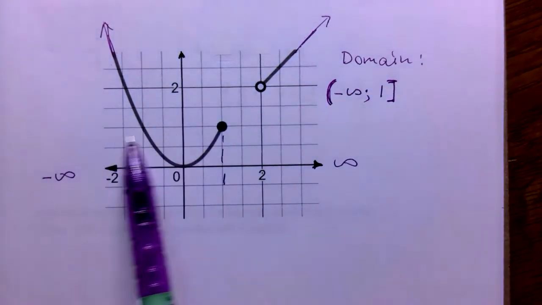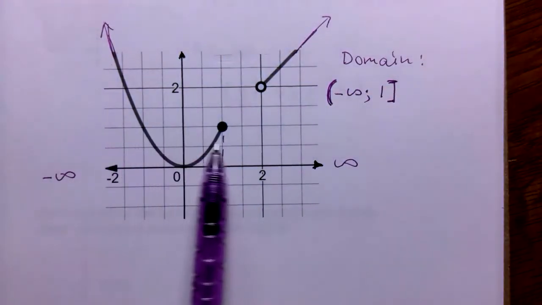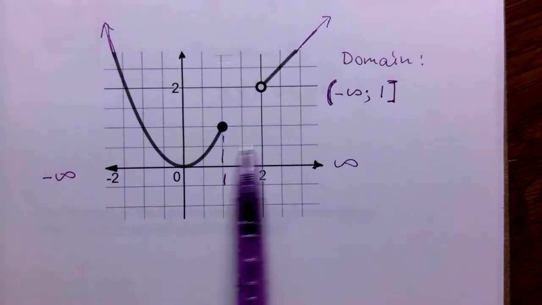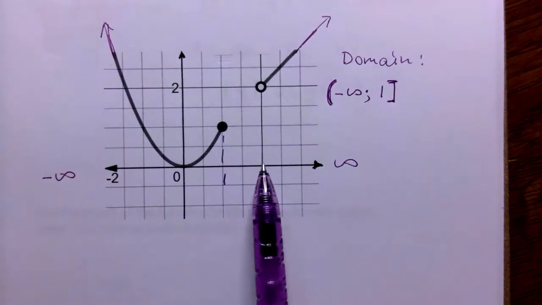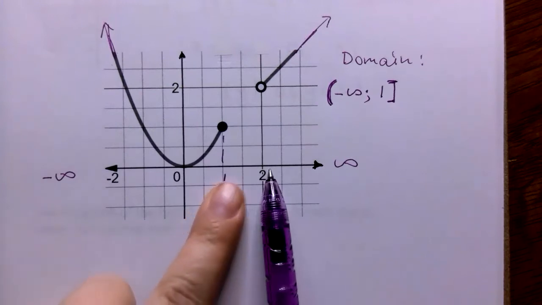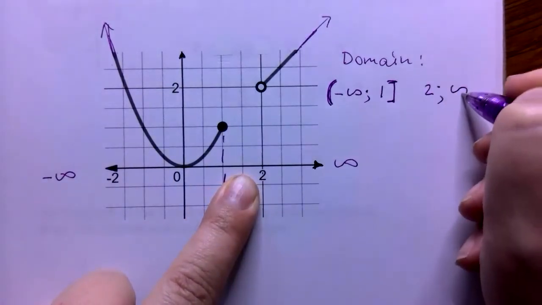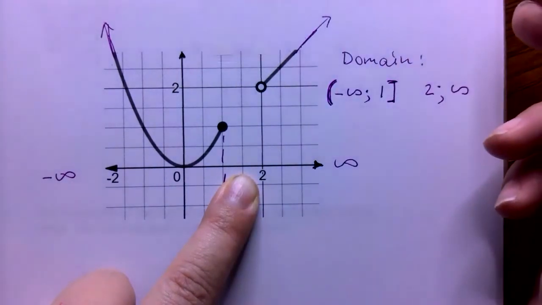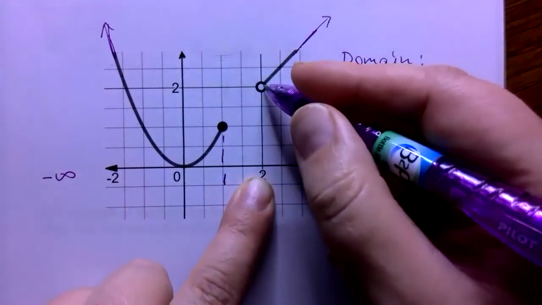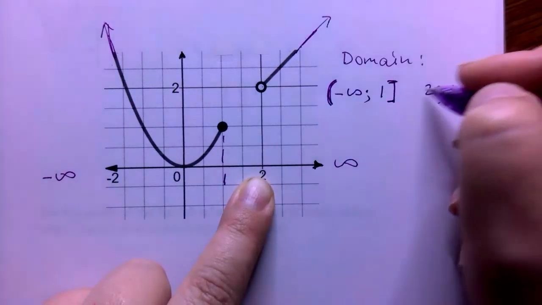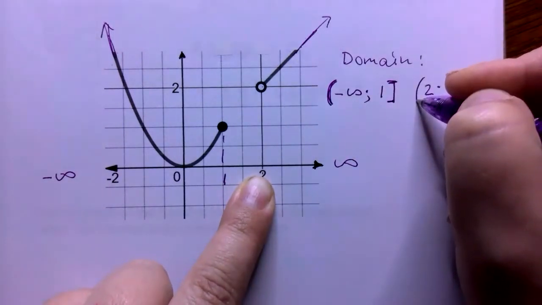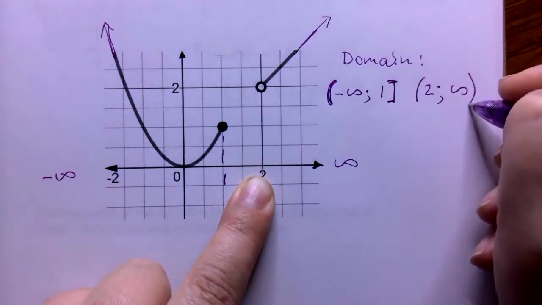So this is one piece of the function, and then there is a gap, and the second piece starts with 2, right? It starts with 2, and again it goes into infinity. 2 is not included, so that's going to be a parenthesis by 2 and a parenthesis by infinity.